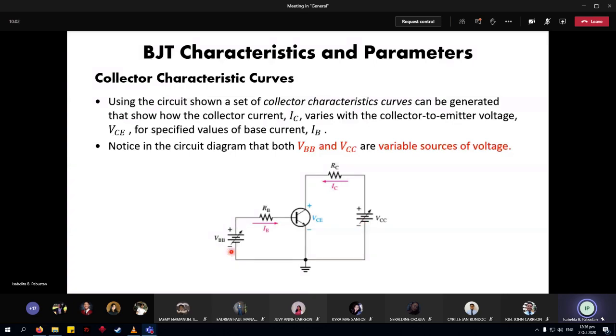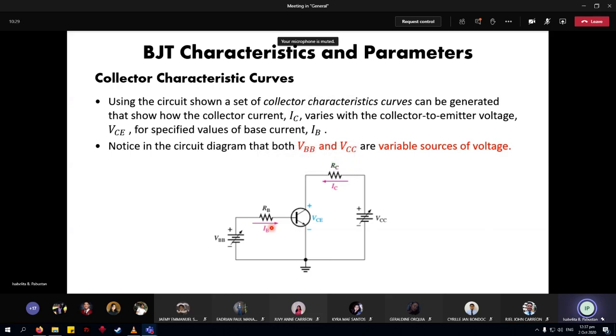Now in the lab, it depends on the circuit. It could be a variable resistor or it could be a variable supply like this one. So what will be done here is the IB, the base current, will be varied, and you will see here that there will be a corresponding variation in IC.